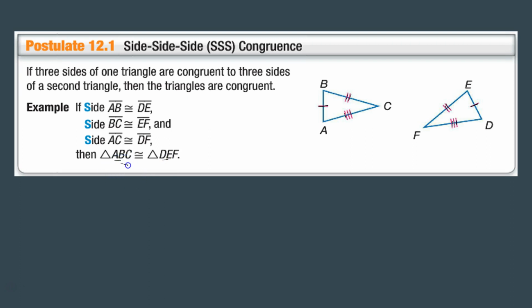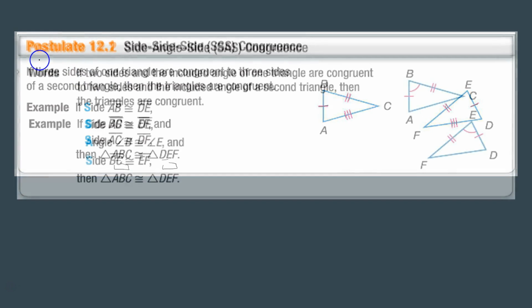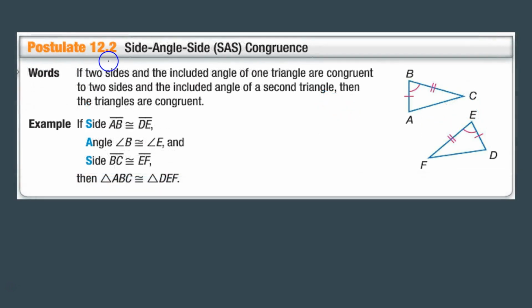Side BC is congruent with side EF. And then side AC should be congruent to side DF, which is exactly what we said. So this is true.